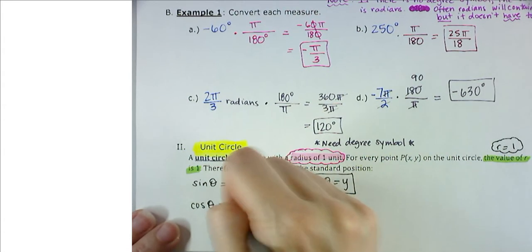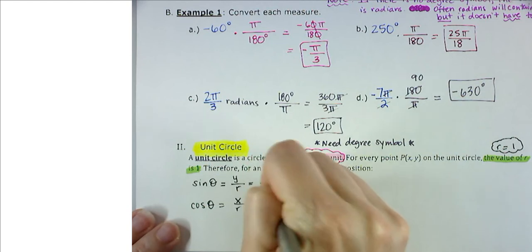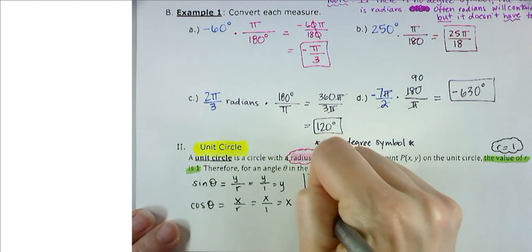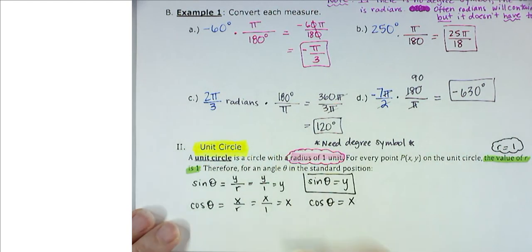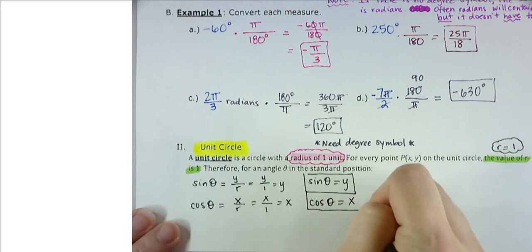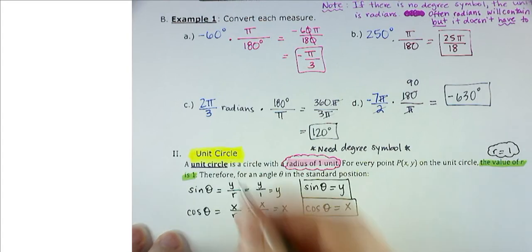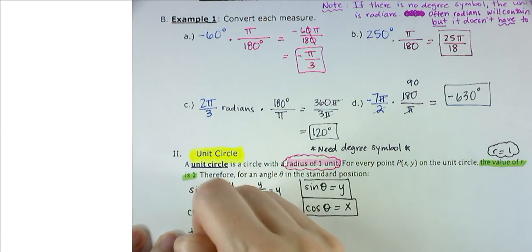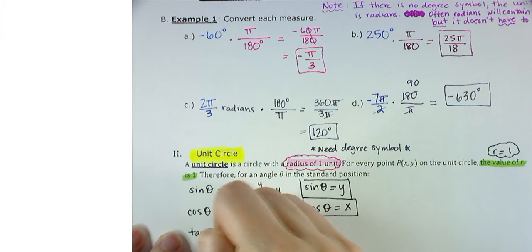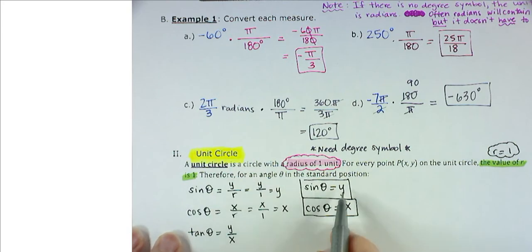And then the tangent is y over x. Okay, but if the sine is y and the cosine is x, then we know that the tangent is also the sine of theta over the cosine of theta.